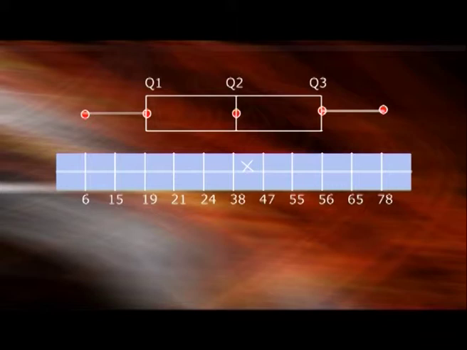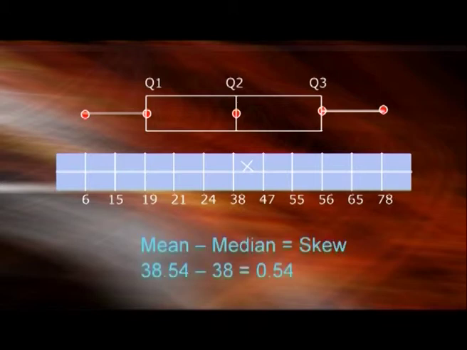The box and whisker plot may include a cross or an X, marking the mean value of the data. In addition to the line inside the box that marks the median, the difference between the X and the median line can then be used as a measure of skew. In the first set of data, the mean value is 38.54 and the median is 38.